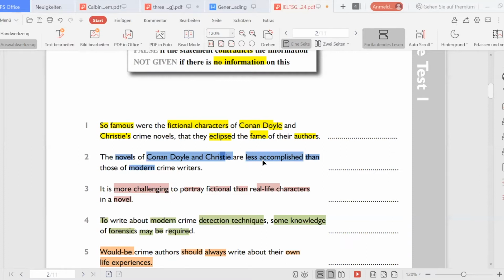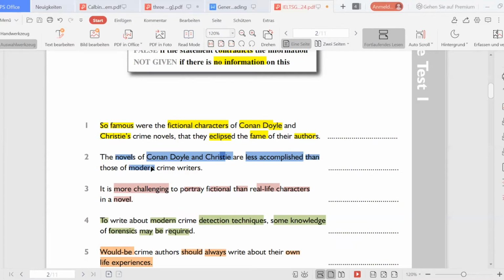If it's comparative, you could have superlative, or vice versa. So you always want to highlight the comparative and superlative group of adjectives. So less accomplished is a keyword. Than, we know, introduces or is a key component of the comparative adjective, so we highlight it.